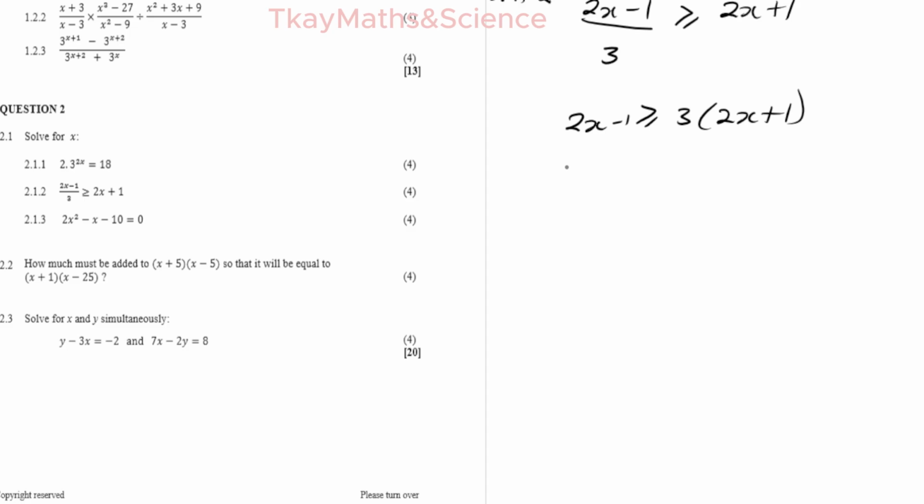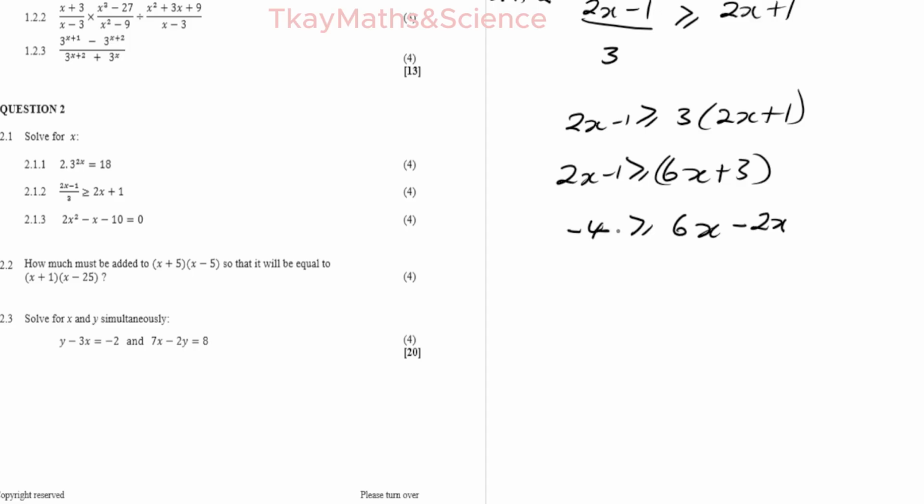So this one becomes 6x plus 3. Now we put the terms with x on one side, that's going to be 6x minus 2x minus 1. This one comes this side, it's actually minus 4 here.